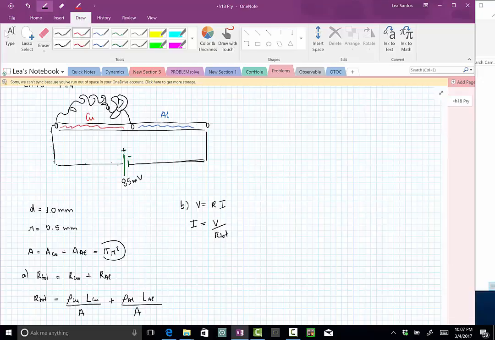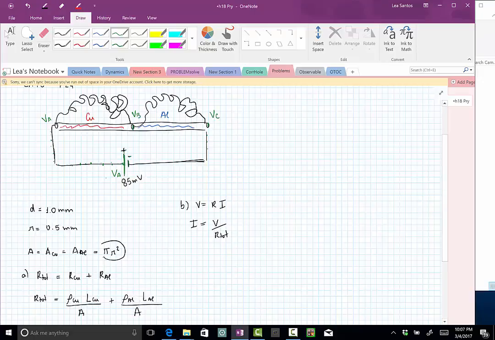So I can call this point here a certain potential VA, which is more or less the same here. The drop is very small, but a big drop will happen once I cross the copper. So this I'll call VB. And then again, at the aluminum, I can think of this part as a long wire that gives the chance really for a lot of resistance to be shown, and therefore for a big potential drop to occur.